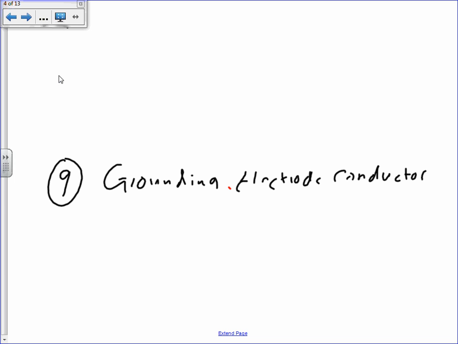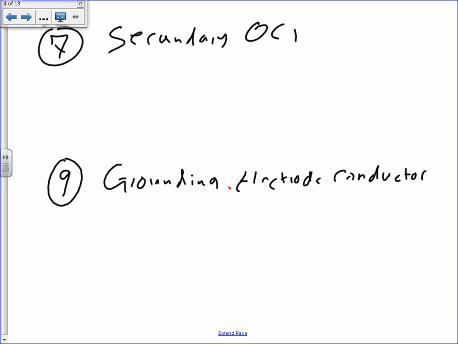I'll start with number 7 here, adjust my schedule, and that will be secondary overcurrent protection device. Primary overcurrent protection device. Thank you.